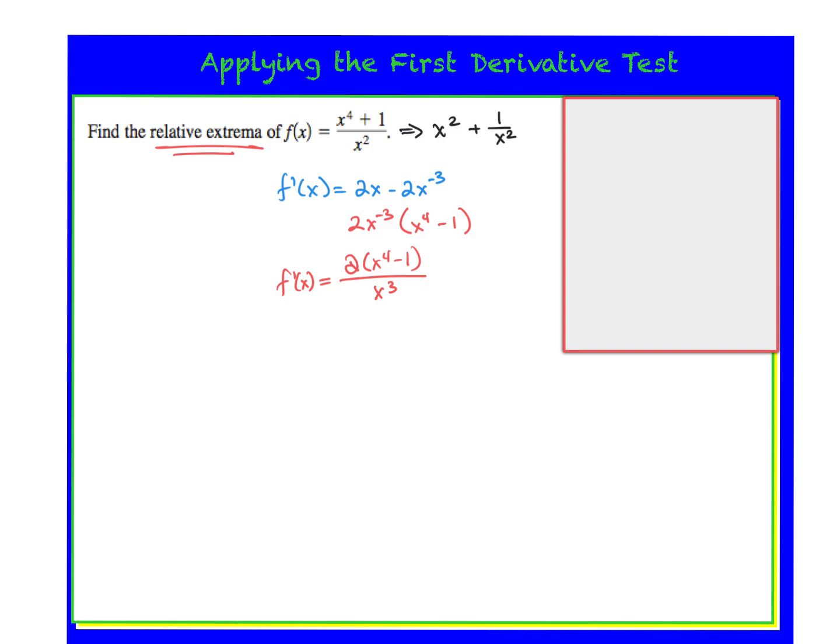So now we're going to find our critical numbers by taking our derivative and setting it equal to 0. My derivative equals 0 at x equals 1 and negative 1. But there's also a problem at 0.